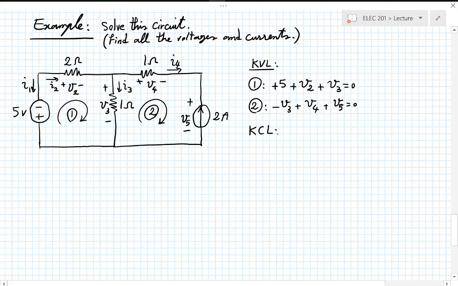So then KCL, I have one big node down here. If you look at this, this is all connected. This is just one big piece of wire. Then I have another node here, and then another one here, and another. So there's 4 of these, and I get 3 independent equations. So up here, for instance, I'd have minus I1 minus I2.